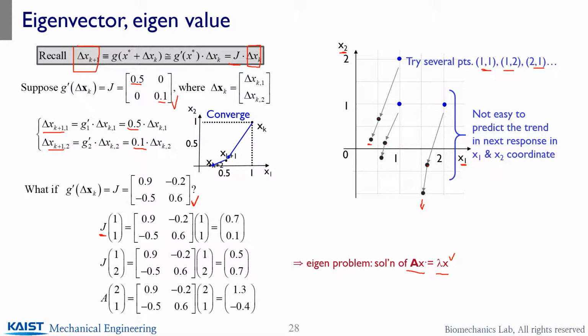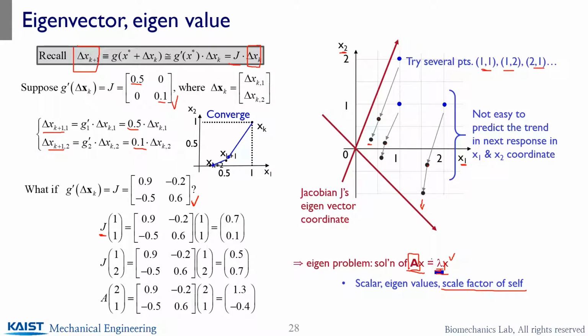So what this means is you have a vector, you have a multiplication by the matrix, but the result will be just scaling. Lambda is a scalar value, so your vector is going to be multiplied by some number, like 3 or 0.5 or something. So the eigenvalue is a scale factor of itself, I would say. Okay, so with respect to the eigenvalue, we can find the eigenvector that will satisfy this equation, which means if you are coming in with one value, it just scales by itself.